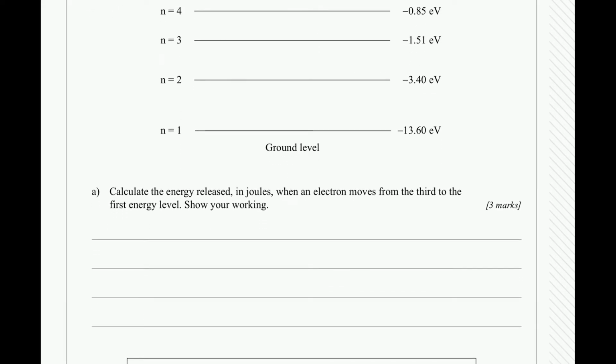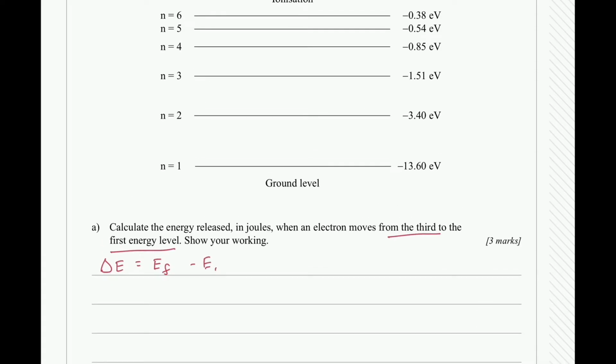So looking at part A, calculate the energy released going from the third to the first energy level. When we think of our first energy level, we always call it the ground level. So our delta energy, what we're trying to calculate, has a formula. It's equal to the energy of the final state minus the energy of the initial.